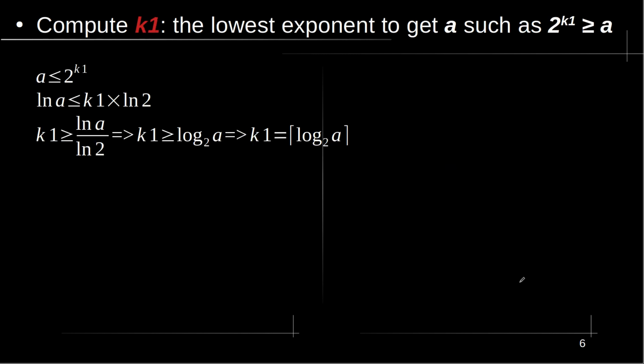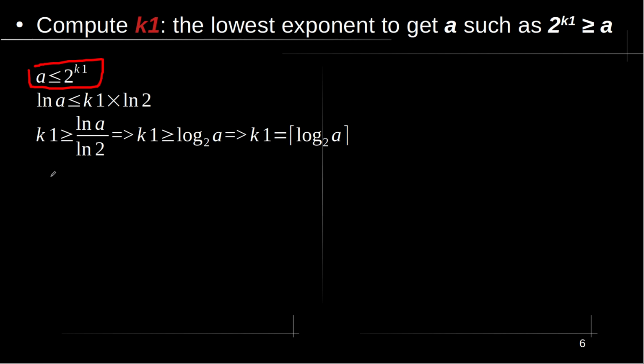How to compute k1, which is the lowest exponent such that 2 power k1 is greater or equal to a. So a is less or equal to 2 power k1. Natural logarithm of a is also less or equal to k1 times natural logarithm of 2.